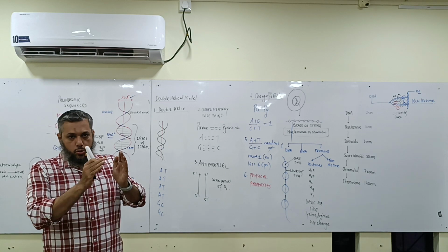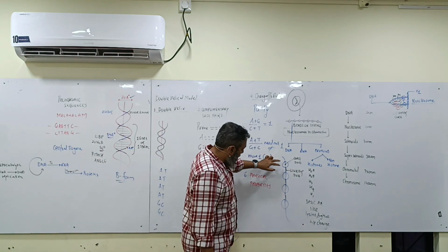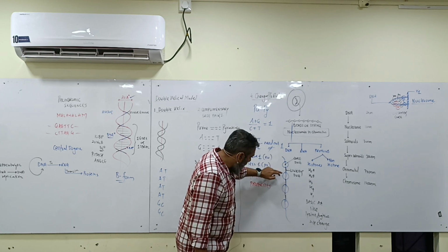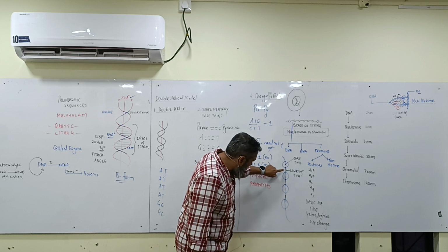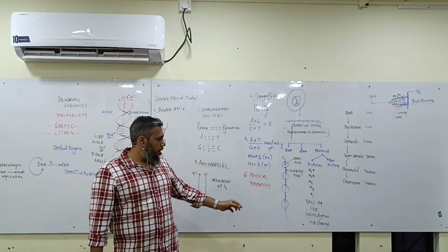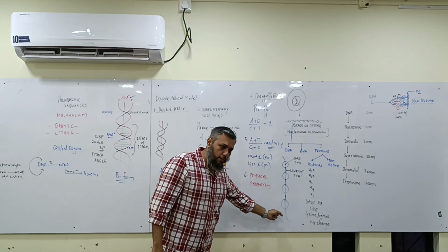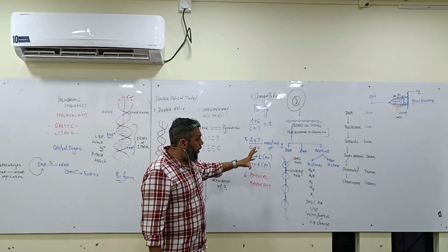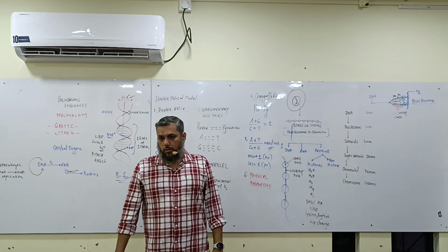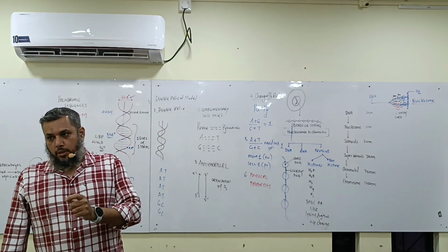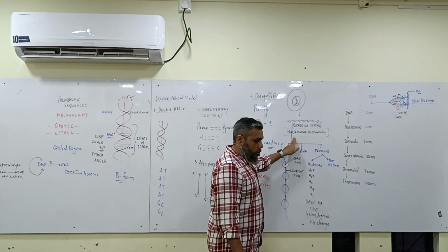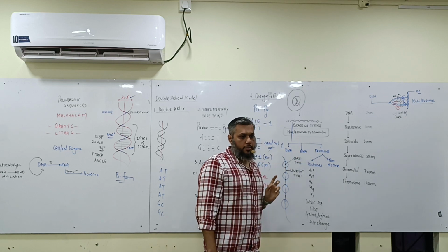So you have the core DNA wrapped around the octamer, and between the two beads, I see the presence of which DNA? Linker DNA. And the whole thing will appear like a beads on a string structure. What is it representing? It is representing the nucleosomes in the chromatid.